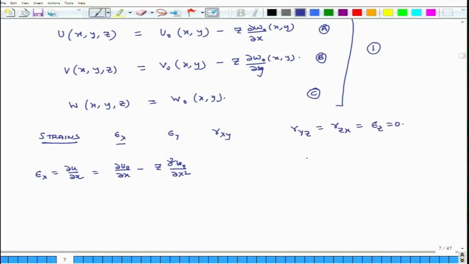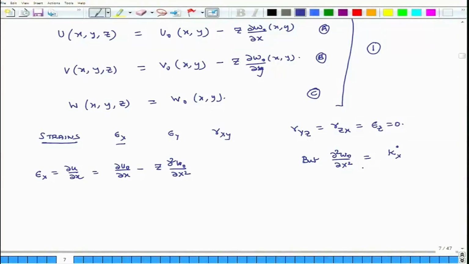Now, we know that the second derivative of w naught with respect to x is the curvature of the plate in the x direction. So, we call it kx, and because it is the curvature of the mid plane, because the top surface will have a little different curvature, the bottom surface will have different curvature, here we are interested in calculating the curvature of the mid plane. That is why we have a subscript.